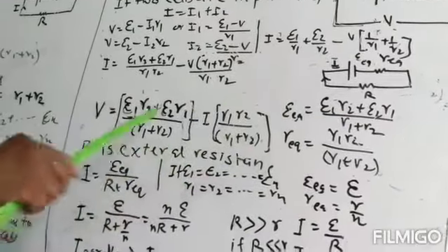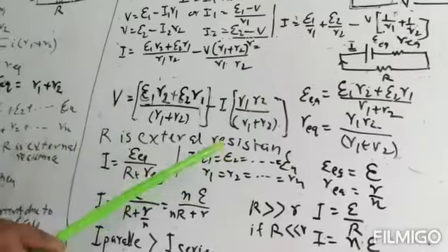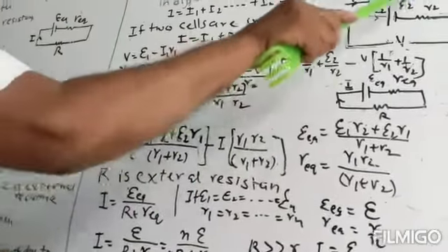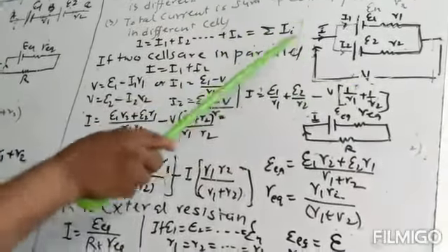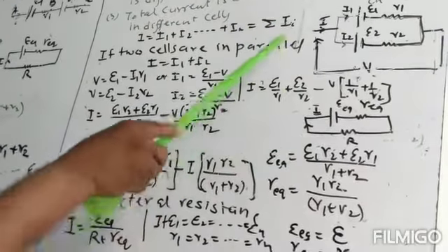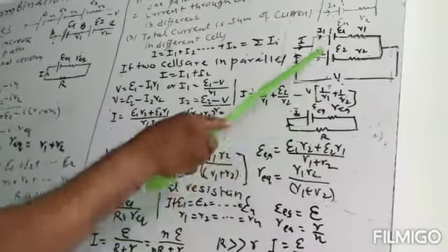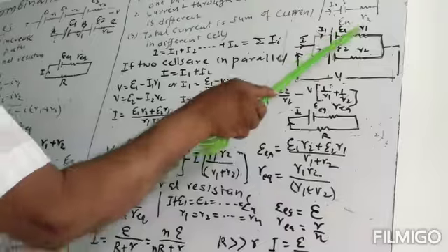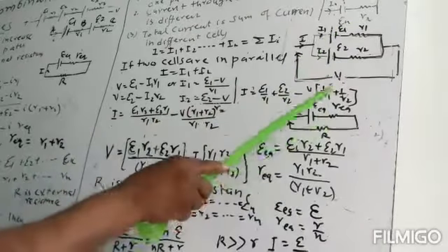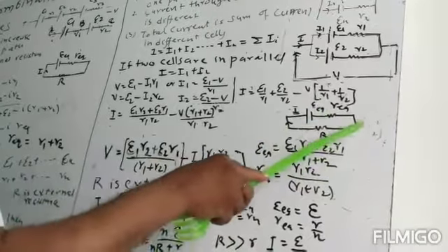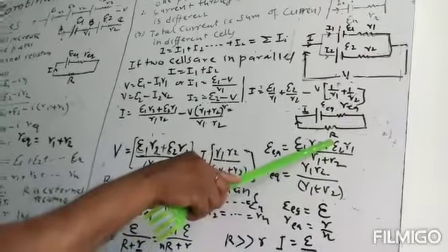So this circuit can be reduced to a single cell whose EMF is E equivalent, with one resistance R equivalent instead of R1 and R2, connected to an external resistance capital R.